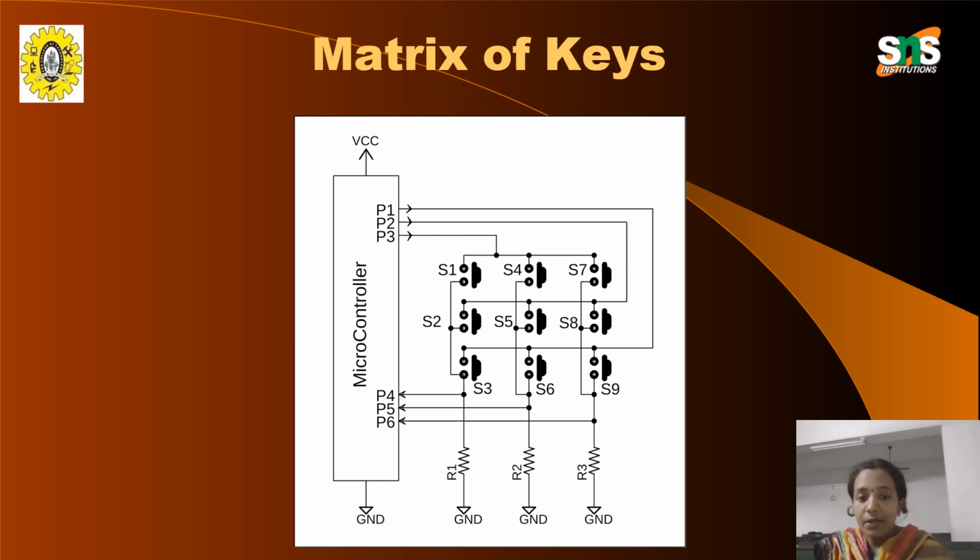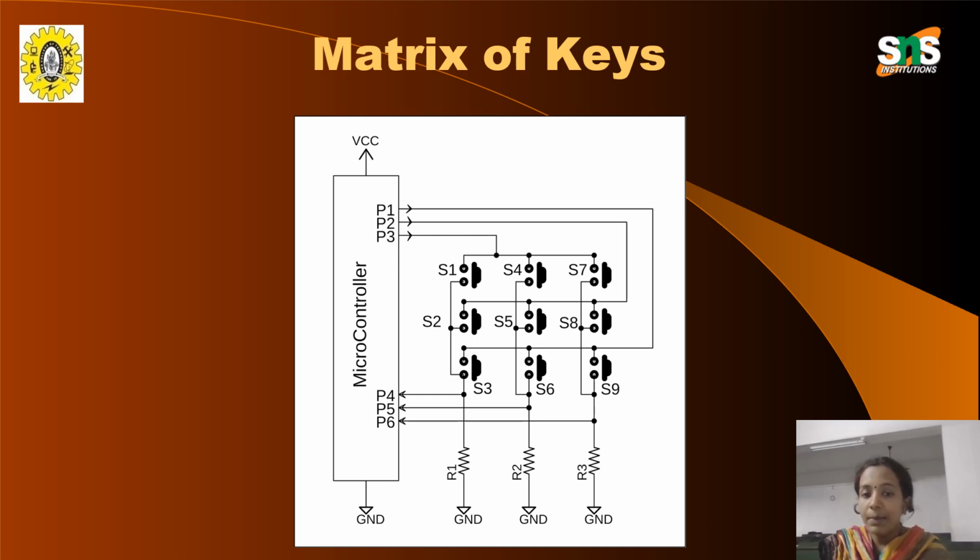So here we have switches like S1, S2, S3, 4, 5, 6, 7, 8 and 9. The resistors R1, R2 and R3. One resistor will be controlling 3 switches. The second resistor will be controlling the next 3 switches. The third resistor will be controlling the last 3 switches. So port 1, port 2 and port 3.